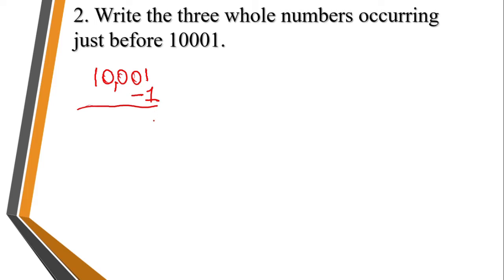Now 1 minus 1 is 0 and all the numbers 1, 0, 0, 0 will be as this because we don't have any numbers below them, right? So they will come as this. So we will get our next number as 10,000.